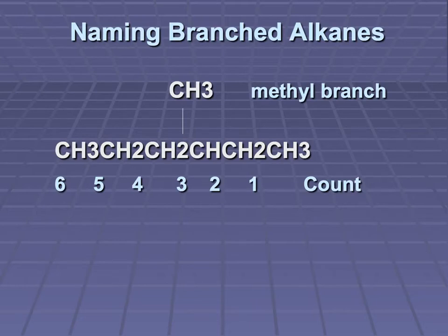The second rule is you have to count the chain in the direction where the branches will come off the lowest numbered carbon. Once again, you count the carbon chain in the direction where the branch will come off of the lowest numbered carbon.